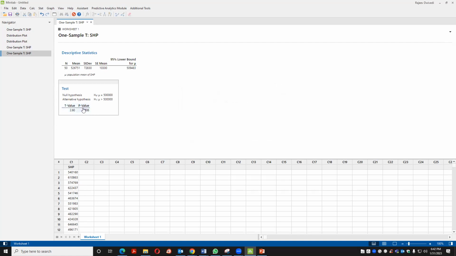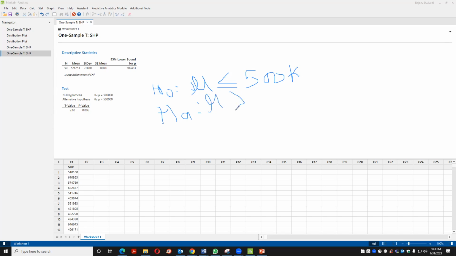So here the null hypothesis is mu less than or equal to 500K, and the alternative is saying mu is greater than 500K.